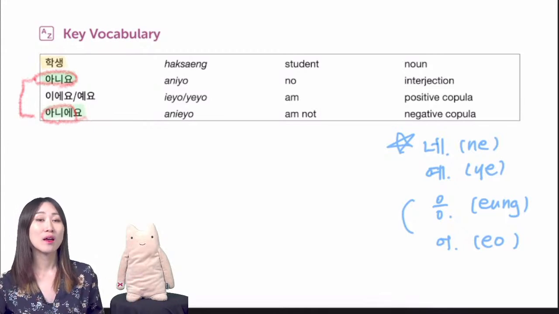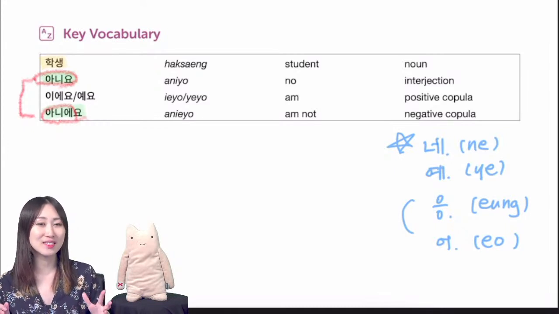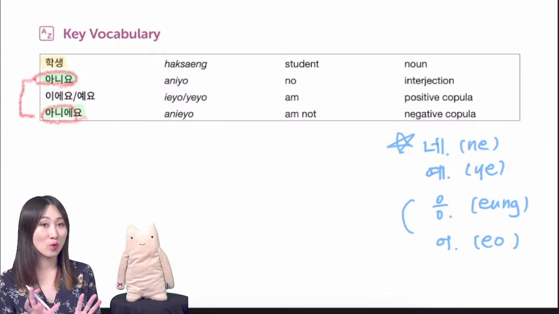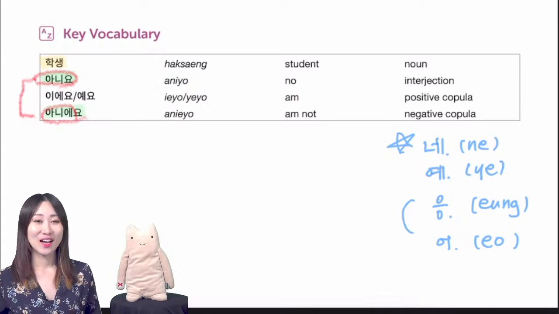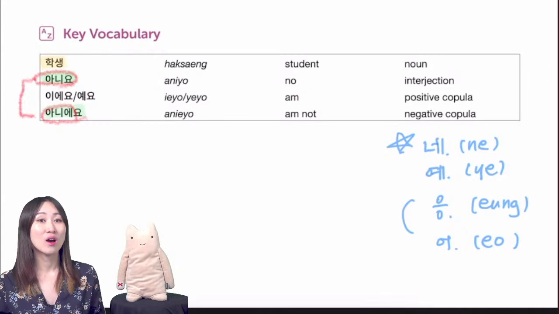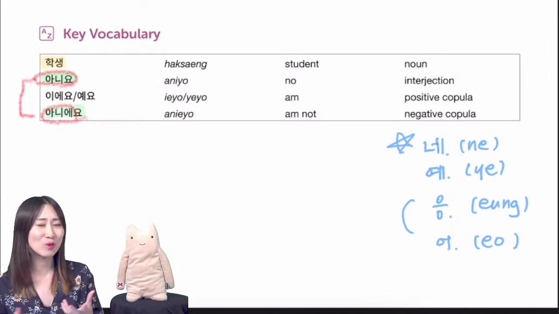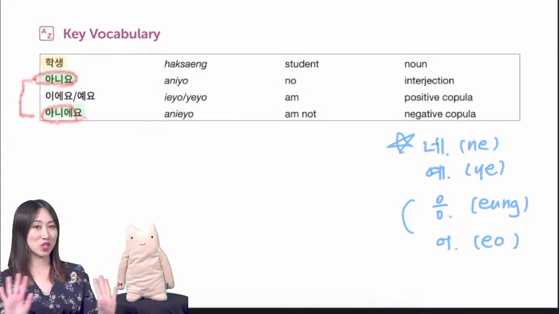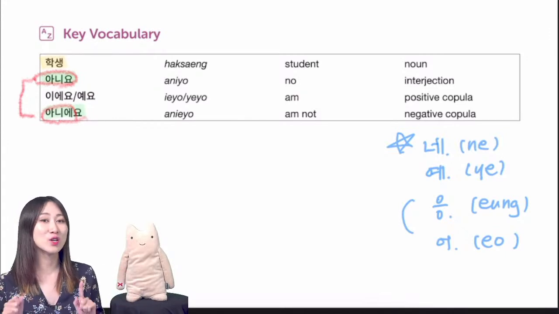It means no. But 아니에요 doesn't exactly mean no, but it means that's not true. So sometimes you can use both in a question, but sometimes not. For example, are you a student? Then you can say no, 아니요 is okay. 아니에요 is okay because it can also mean that's not true. Oh, that's not true. I'm not a student. I'm a teacher. No. So 아니에요 works.